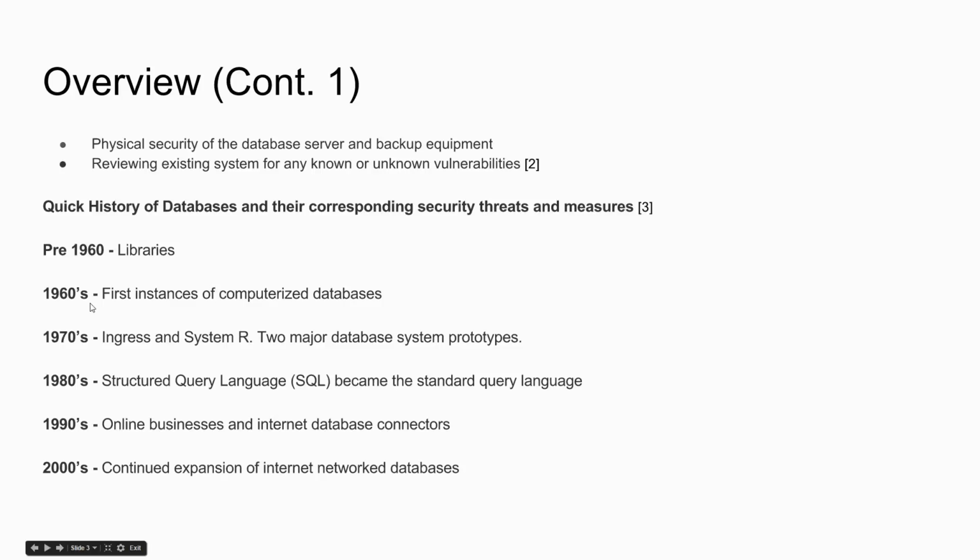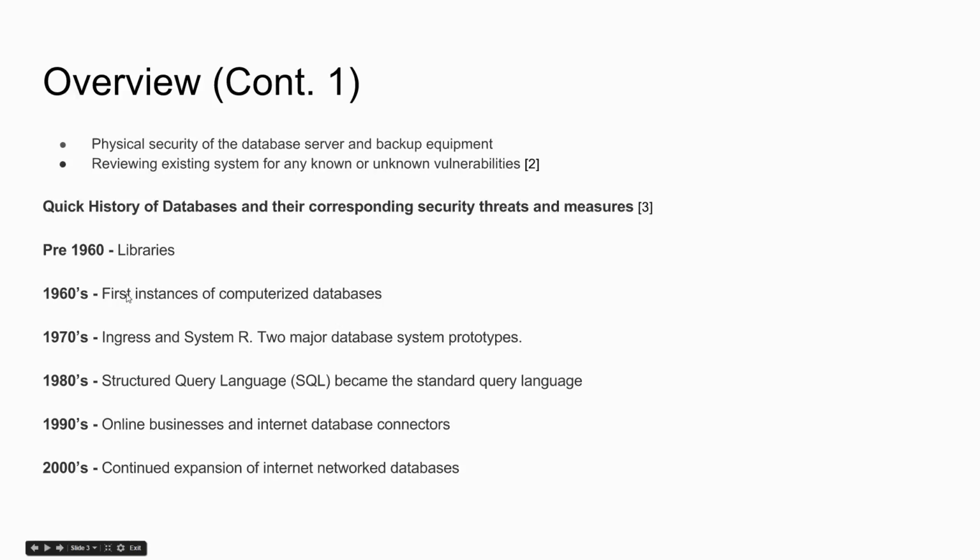In the 1960s, we saw our first instances of computerized databases. There was no standardized format, and it was all very primitive and basic. This is when we had our first understanding of ways to digitize large sets of data.